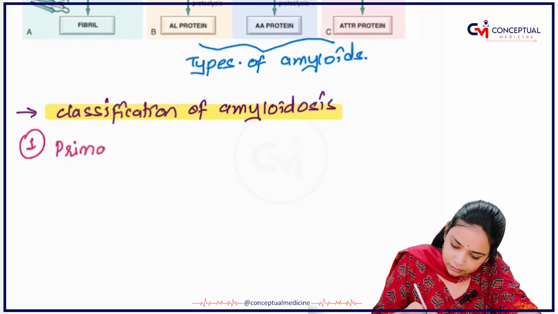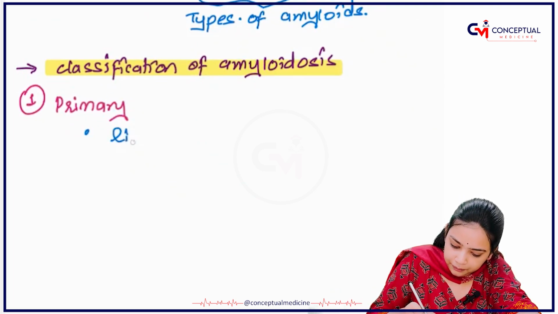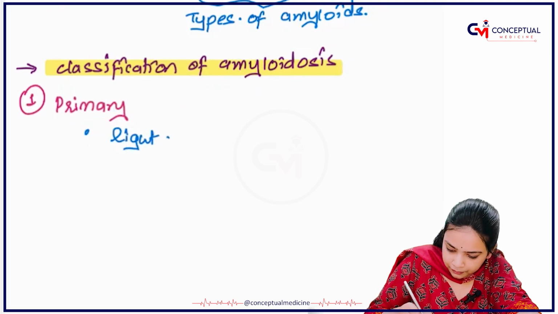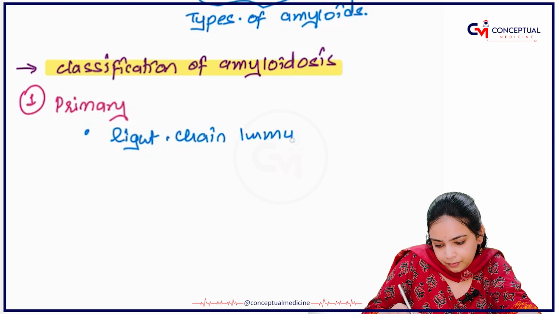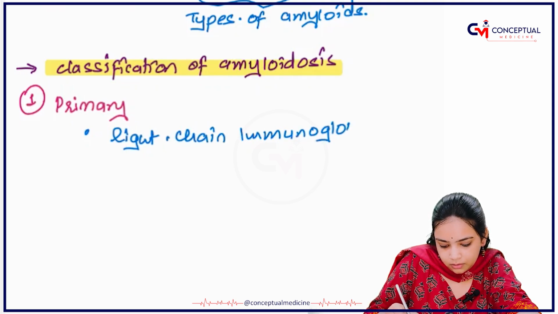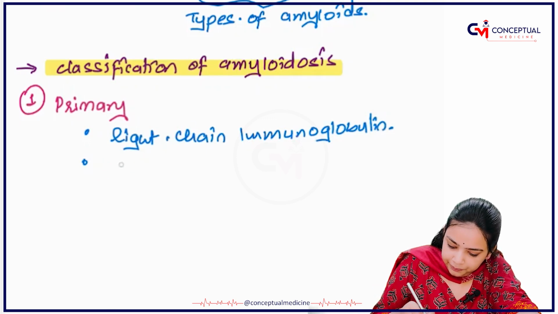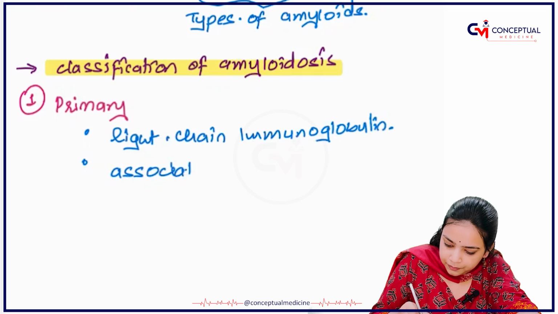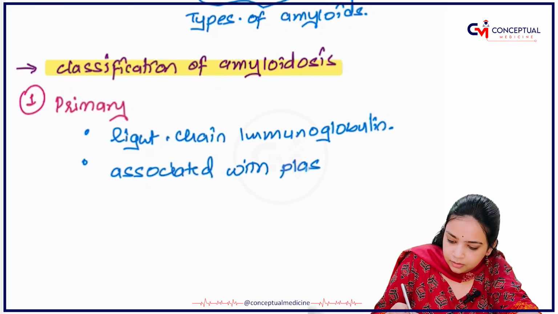The primary is basically composed of light chain immunoglobulin, and it is associated with plasma cell disorders.